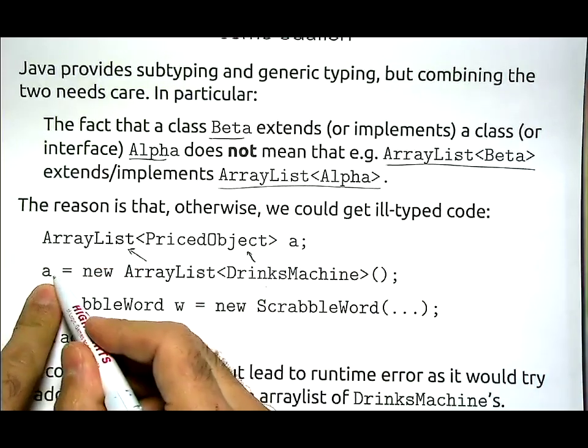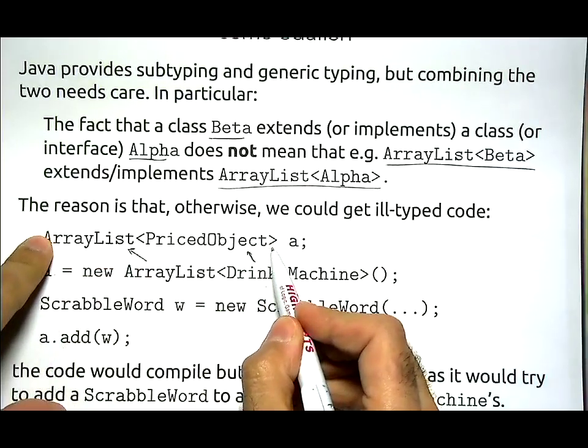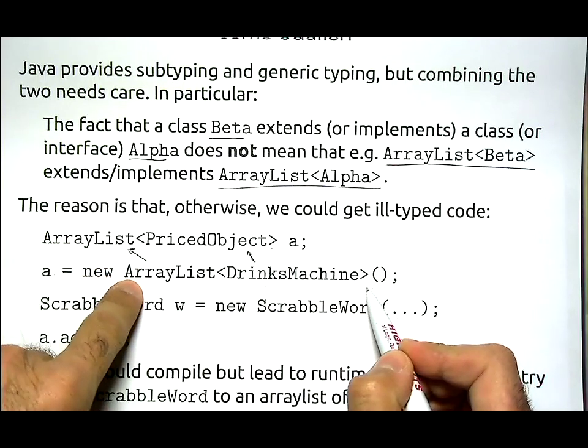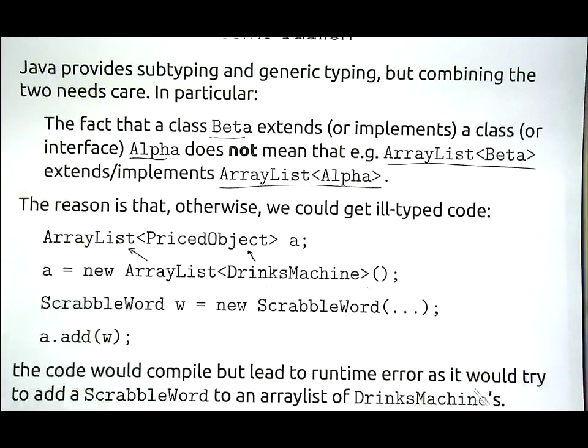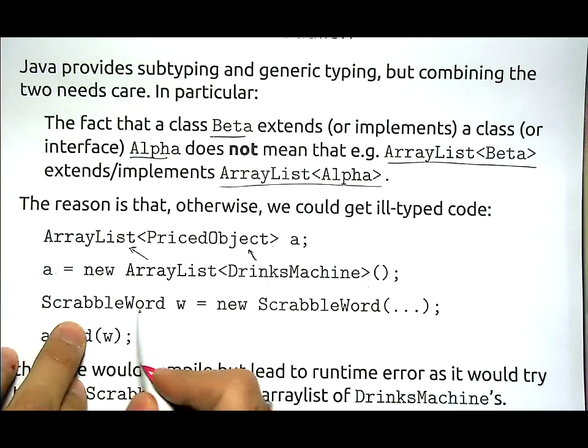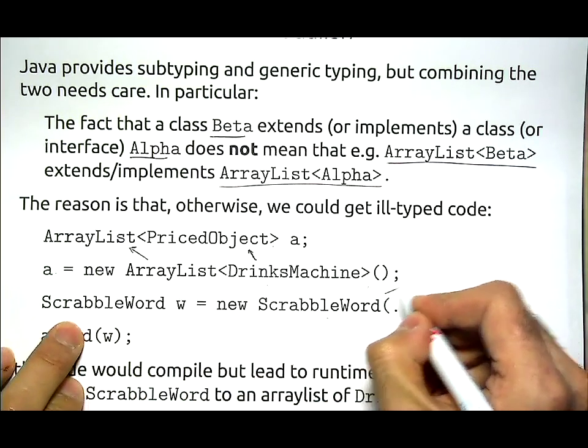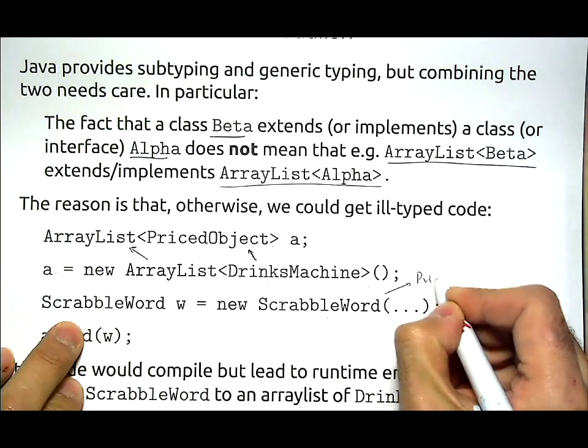So now I'm assigning to A, which is of this type, a new object of that type. This is a subclass, so that's fine, so this should pass. So now I have A, which I have declared as an array list of priced objects, to actually be an array list of drinks machines. And then I can say, okay, here's a new Scrabble word. Scrabble word is also a subclass of priced object.